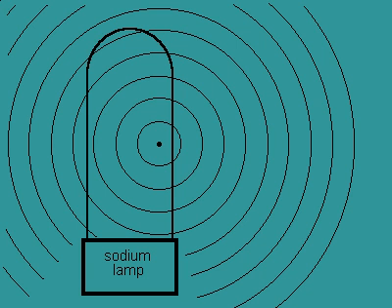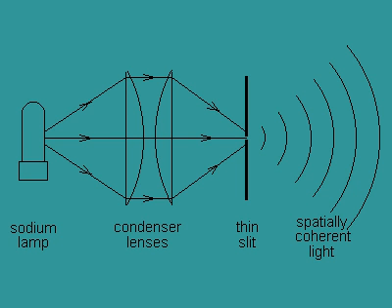Spatially coherent light can be obtained by using a pinhole or a thin slit to select light from just a small part of a conventional light source. A slit source is suitable for studying one-dimensional diffraction effects, for example from a pair of parallel slits or a diffraction grating.